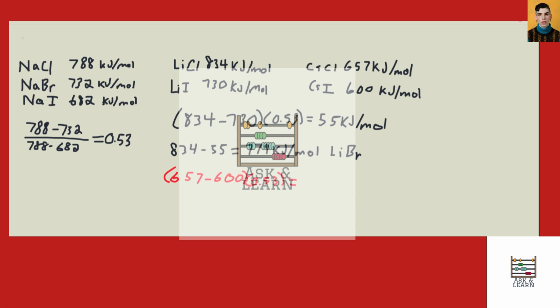That's going to be 30 kilojoules per mole. Then we do 657 minus 30, which is equal to 627 kilojoules per mole for cesium bromide.